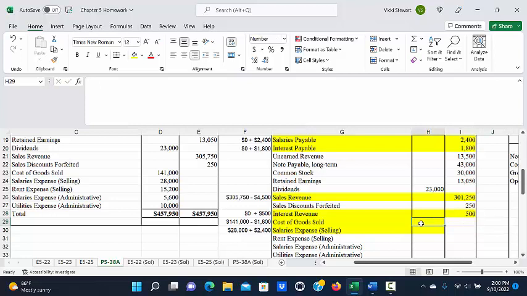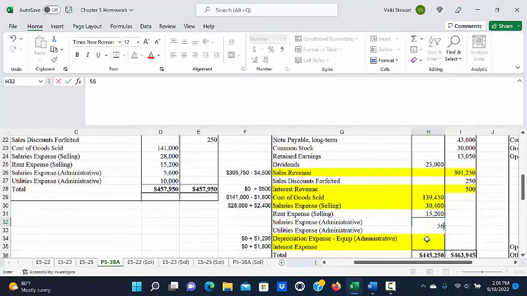Cost of goods sold was adjusted for the estimated returns inventory of $1,800, so it will now be $139,450. Salaries expense selling was adjusted, so it will now be $30,400. Rent expense did not change, so it will stay the same at $15,200. Salaries expense administrative did not change, so it will remain $5,600.